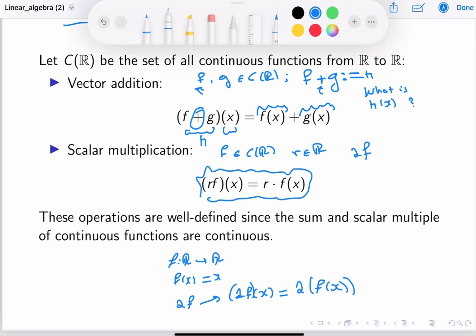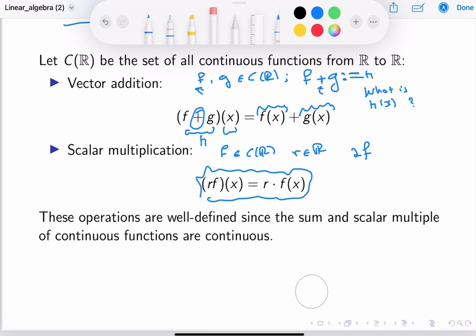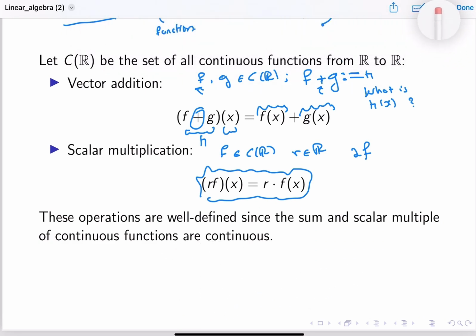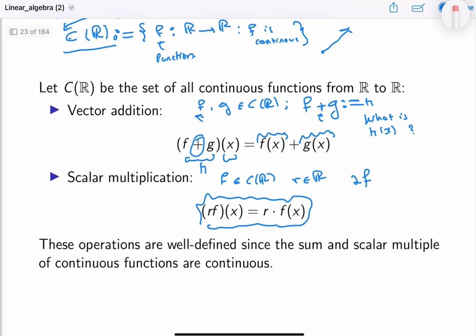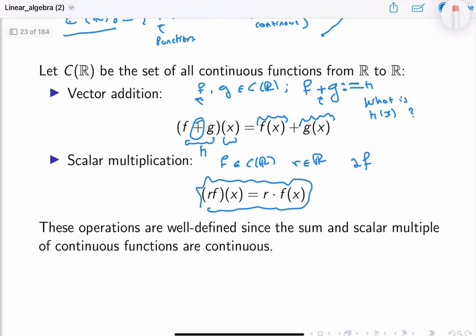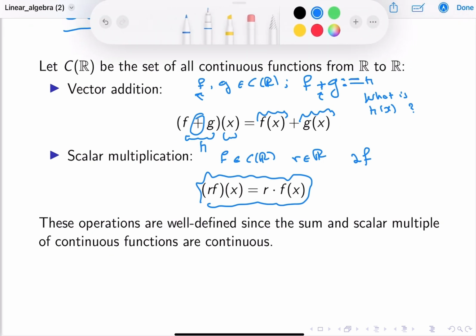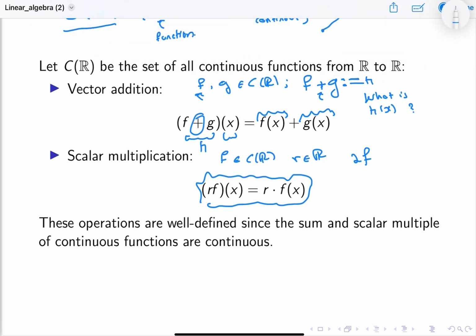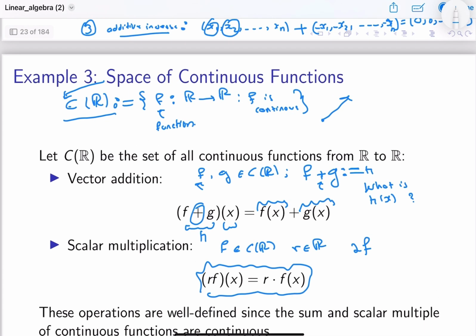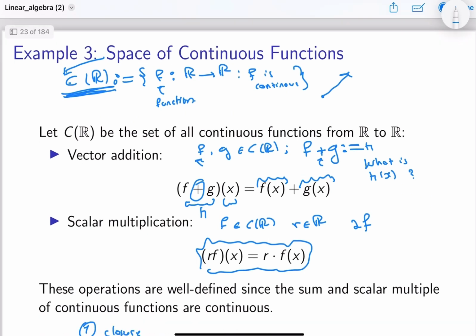So now that we defined what scalar multiplication is and what the vector addition is, the next thing to ask is whether closure happens or not, right? So the first question is closure, because we're proving that this is a vector space. We're proving that C(R), the space of continuous functions, is a vector space.